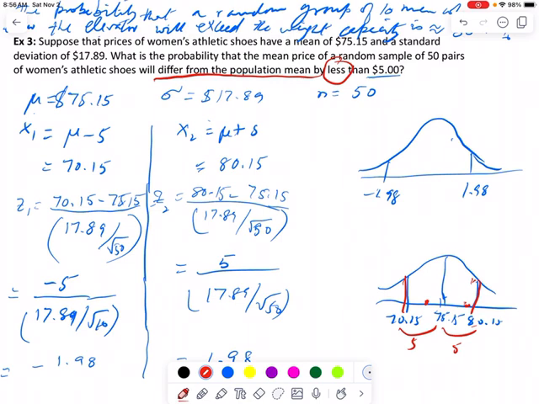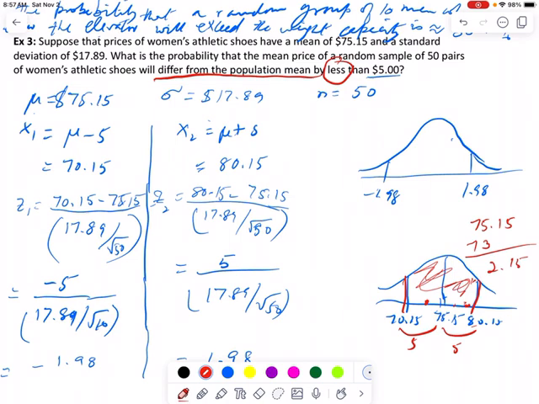If you take the difference of 73 from the mean, will it be less than 5? Yes. And you can do the same thing on the other side. You can pick a number over here and take the difference with the mean, and you will get a number less than 5. So it means we want to find out this area.